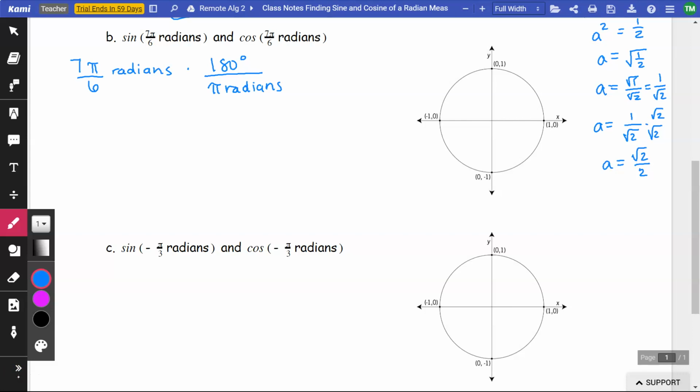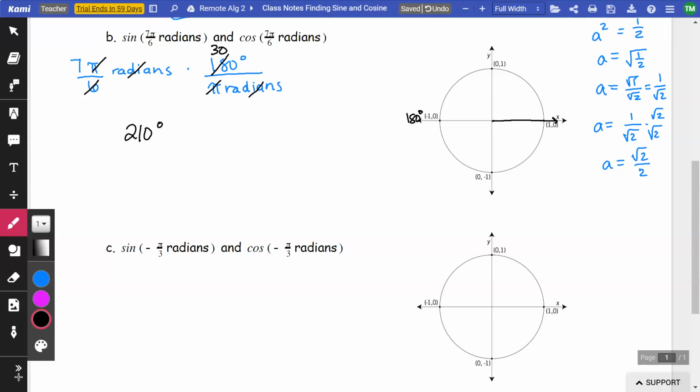So after we convert 7 pi over 6 radians to degrees, we should end up with 210 degrees. So 210 degrees on the unit circle, if my initial side is here, 210 degrees, this is 180. 210 is just 30 degrees past 180.